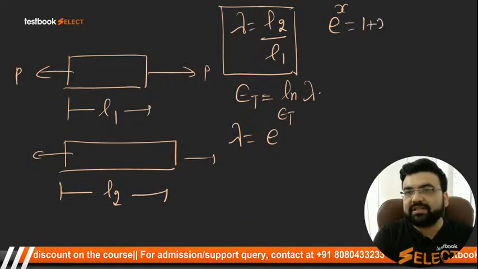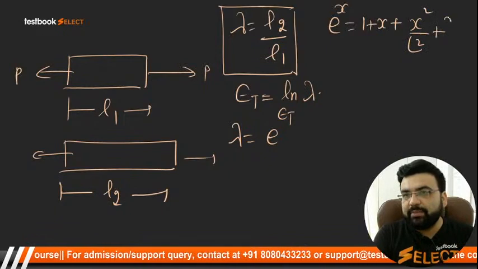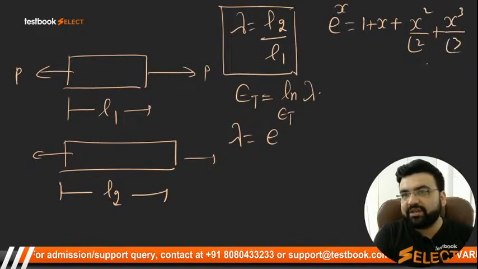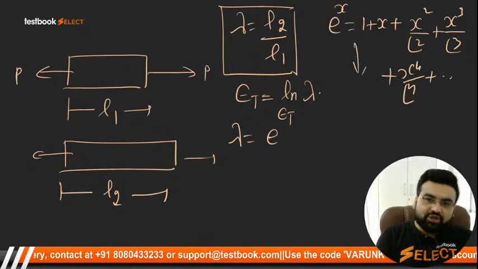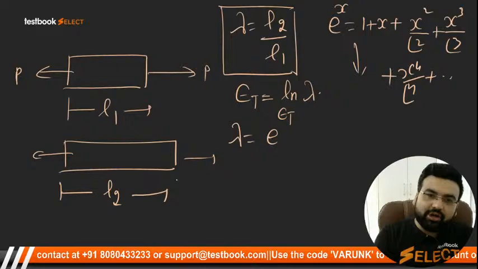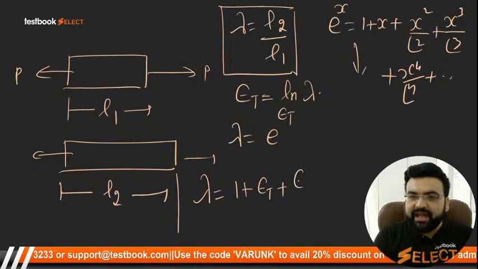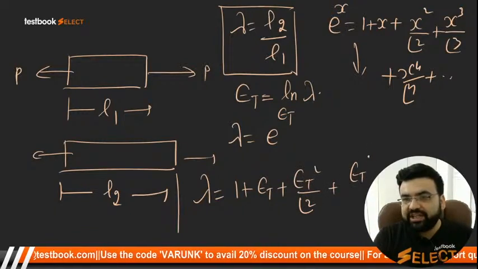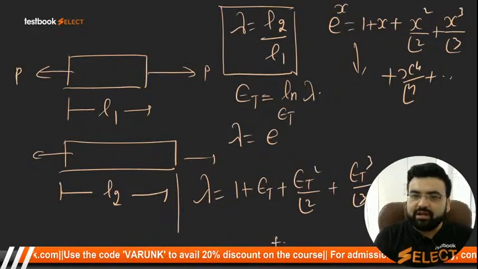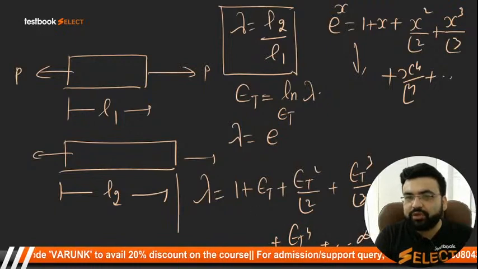That is 1 plus x plus x square upon 2 factorial plus x cube upon 3 factorial plus x to the 4 upon 4 factorial plus so on. In mathematics, we have already learned this. So lambda is nothing but 1 plus epsilon t plus epsilon t square upon 2 factorial plus epsilon t cube upon 3 factorial plus epsilon t to the 4 upon 4 factorial and so on up to infinity.